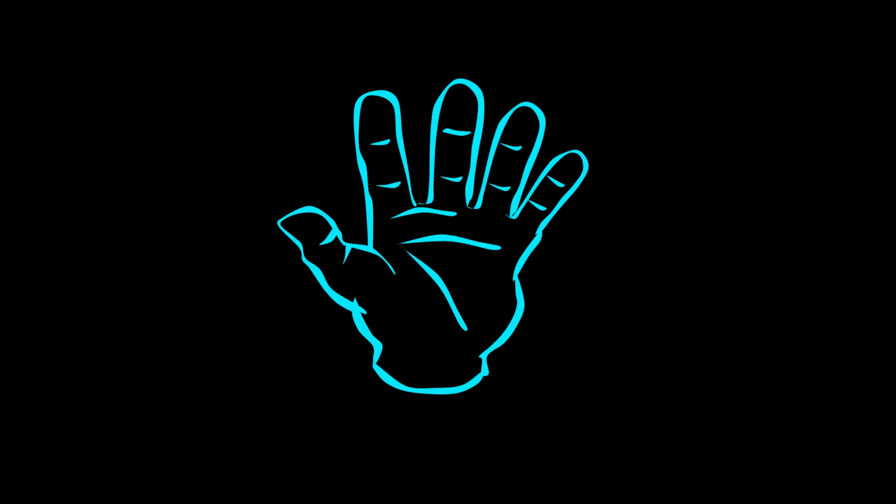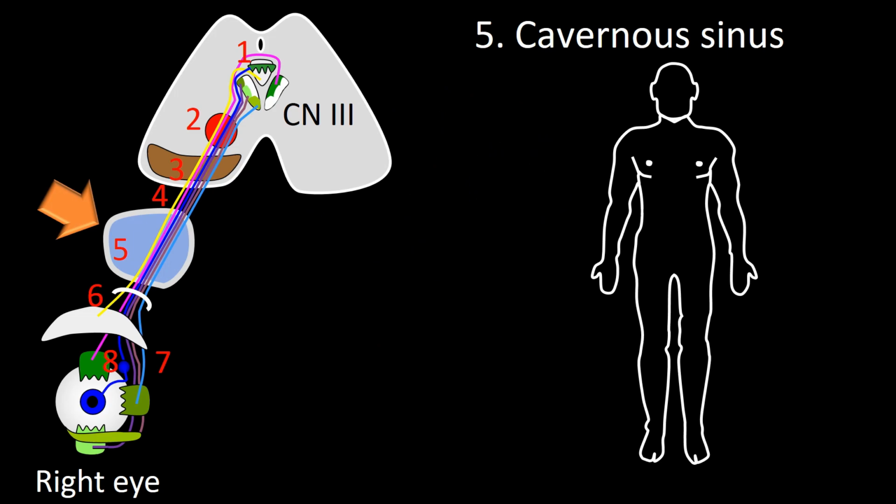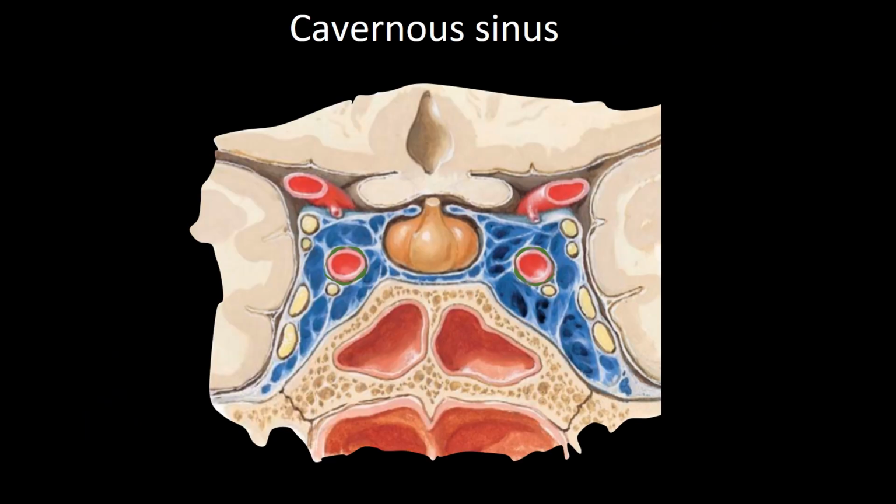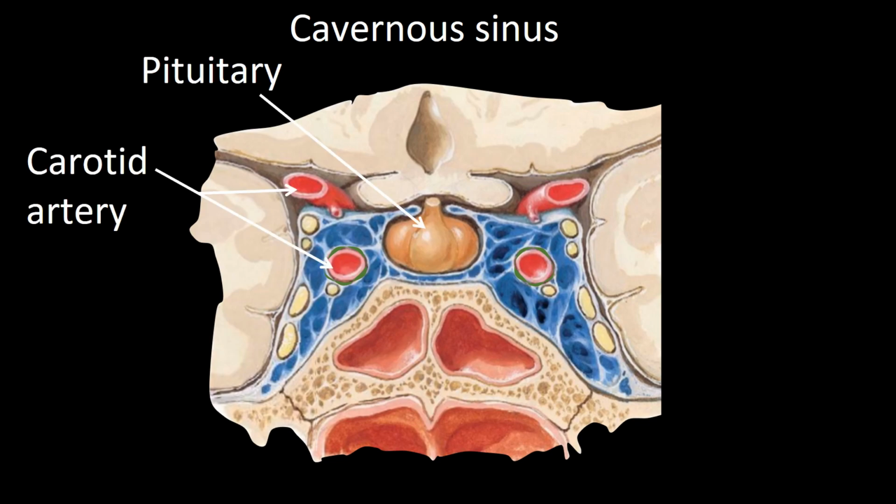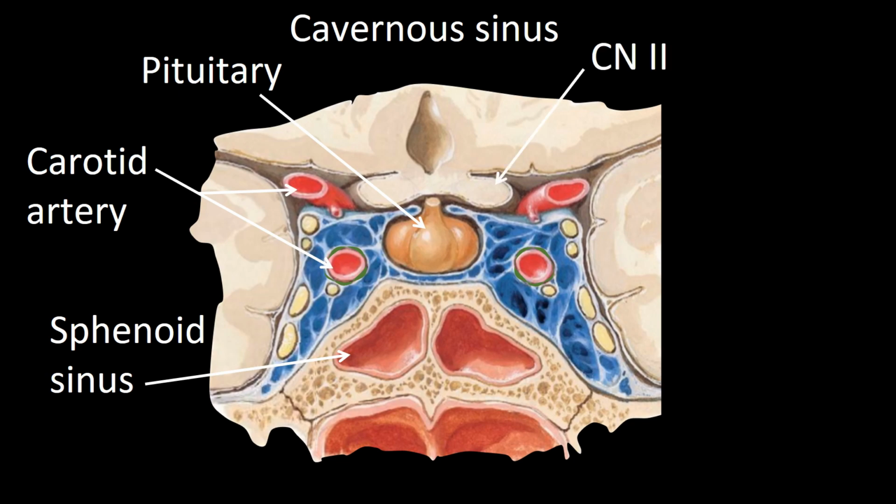The 5th location is the cavernous sinus. The cavernous sinus is certainly an interesting structure. It surrounds the pituitary. It harbors the carotid artery, which is also found above it, and it rests on the sphenoid sinus. Cranial nerve 2 is above it.